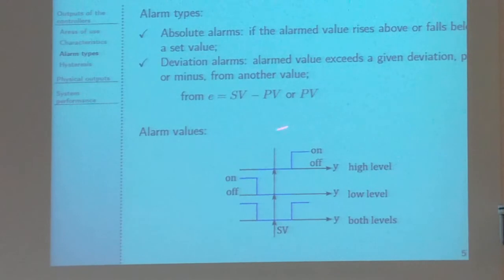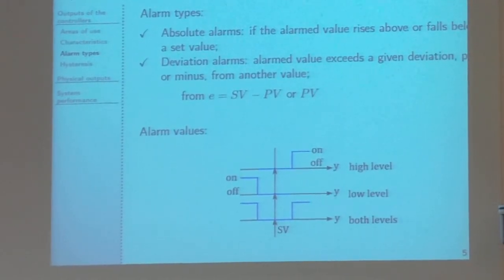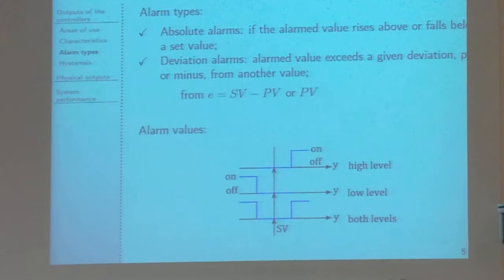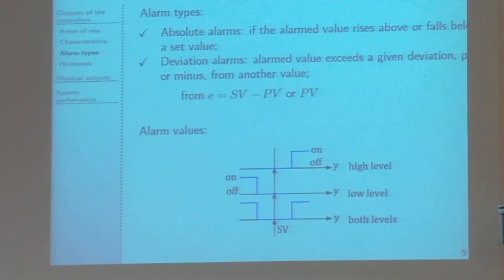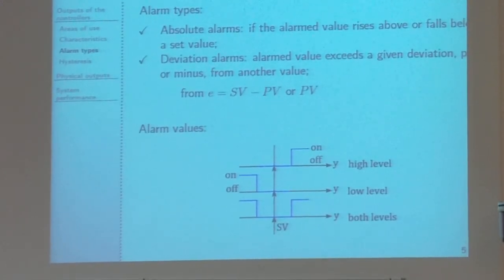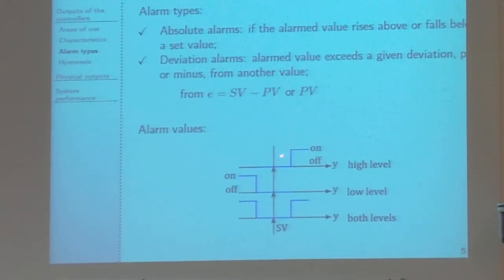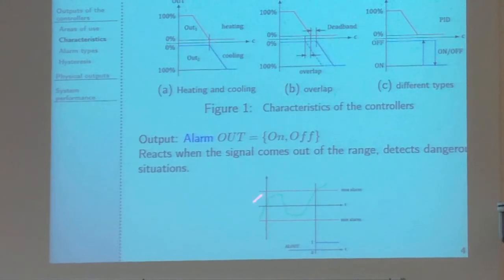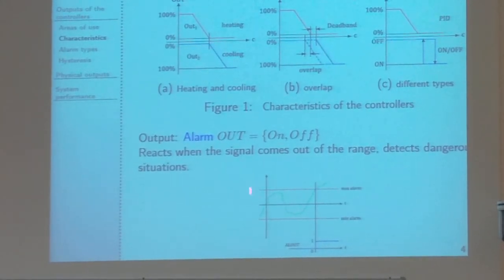We can have so-called absolute alarms, where we set just exact values. For example, I would like to know if my temperature in the room is higher than 30 degrees, which means something goes wrong with our heating system. So I will have an alarm here. I just set 100 degrees to the controller, and then I have that flag that yes, the temperature is outside the limits.